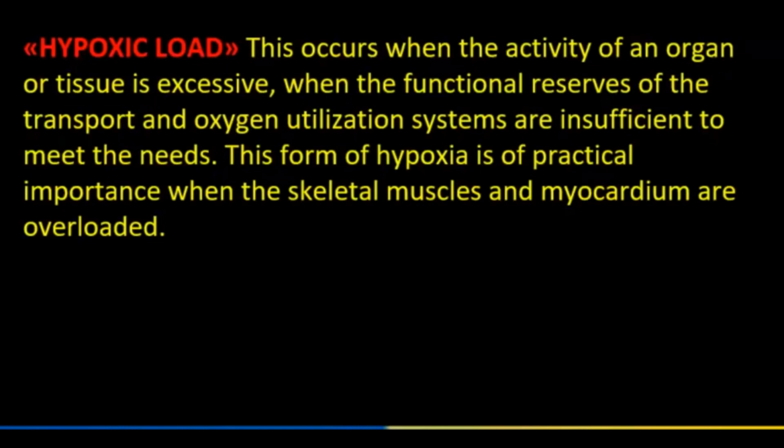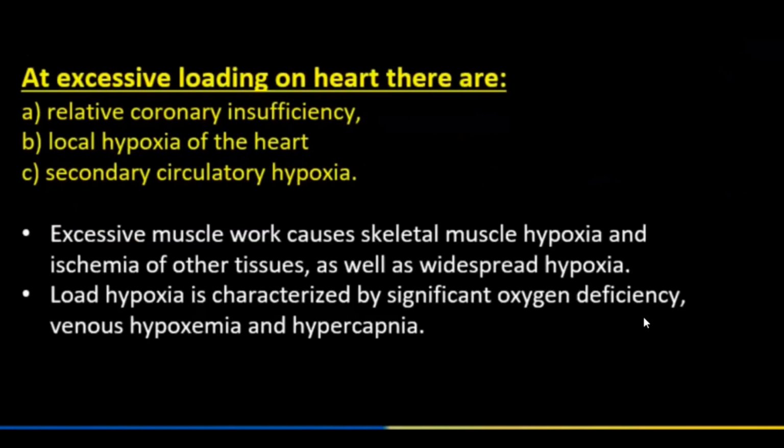This form of hypoxia is of practical importance when the skeletal muscles and myocardium are overloaded. And at excessive loading on the heart, there are relative coronary insufficiency, local hypoxia of the heart, and secondary circulatory hypoxia.